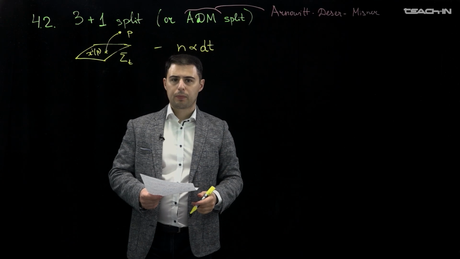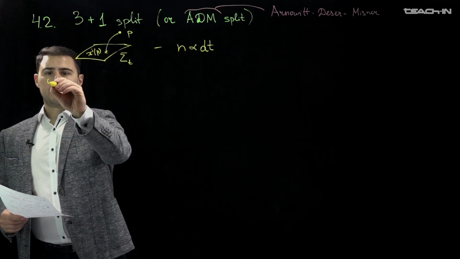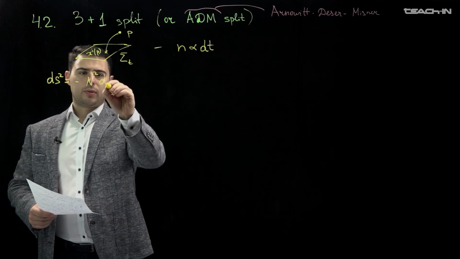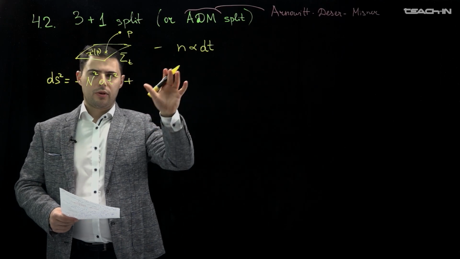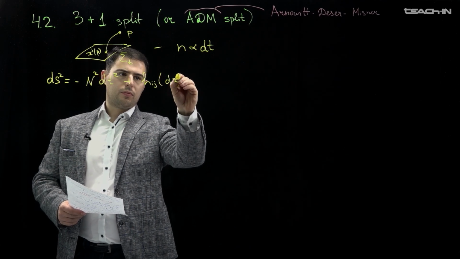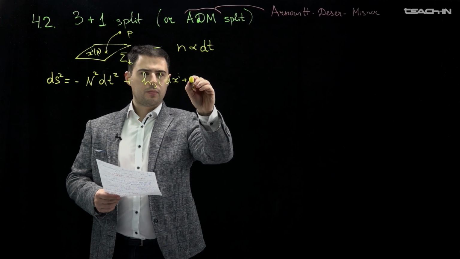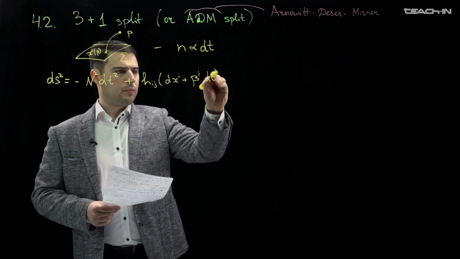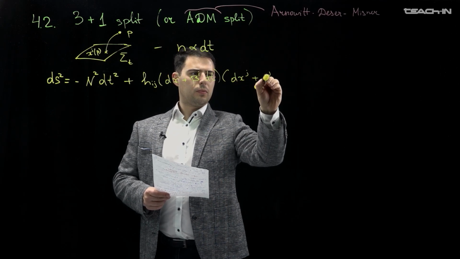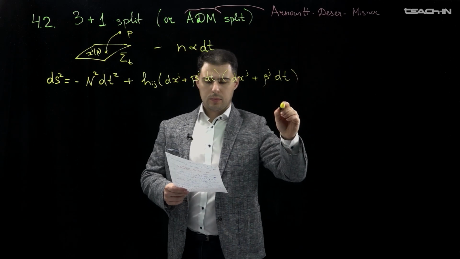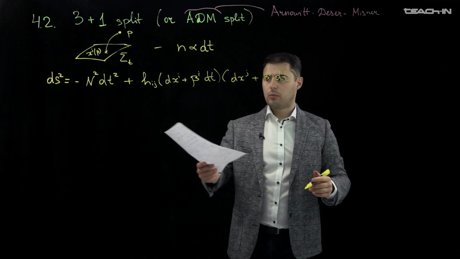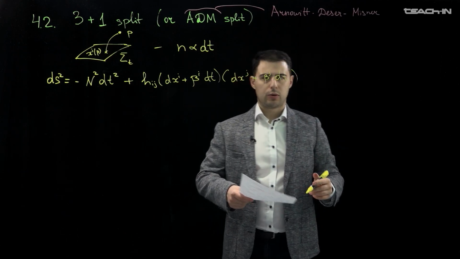So, locally, the metric can be written as ds squared equals minus N squared dt squared plus the three-dimensional part, where N, h_ij, and beta are functions of both time and space coordinates.